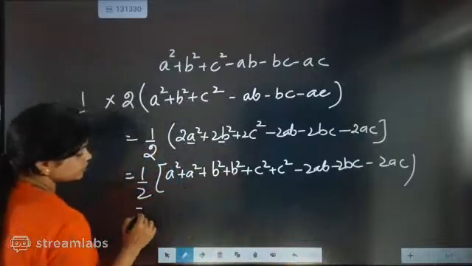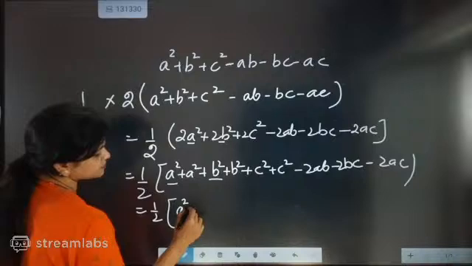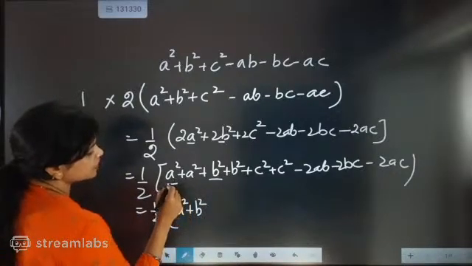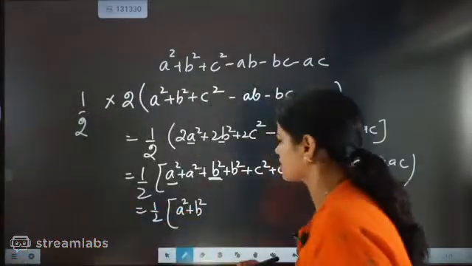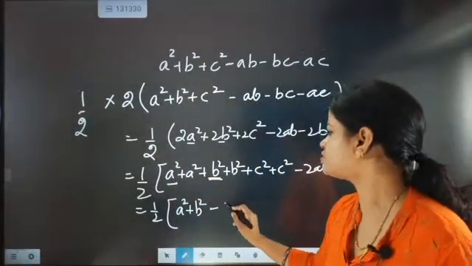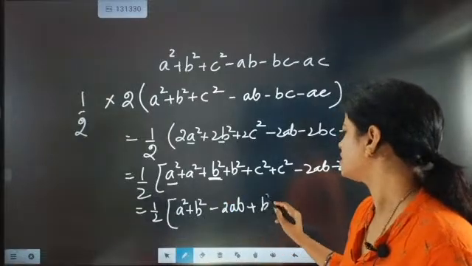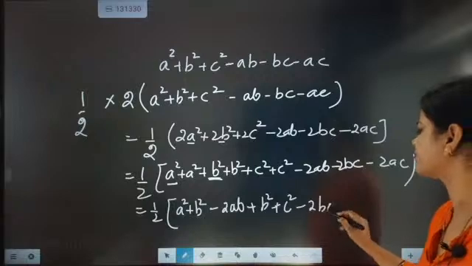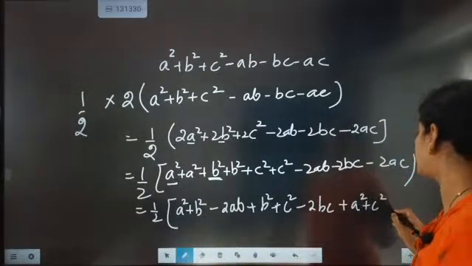So now what I am going to do here is, I am taking a square plus b square, these two, and I am going to take minus 2ab with this. Now I am taking b square plus c square, this time minus 2bc, and then a square plus c square, this time minus 2ac.